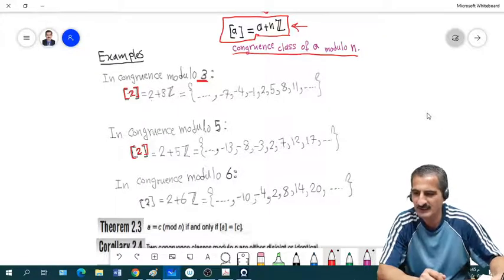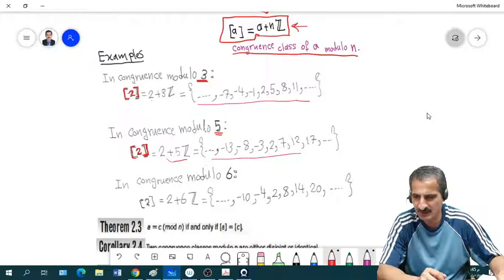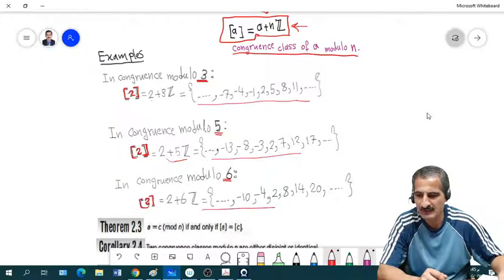Compute that as we did above, and you will get this set. Now the equivalence class of 2 modulo 5, so it is 2 plus 5z. Compute it and you will get it that way. Now the equivalence class of 2 modulo 6, and compute it, you will get this set.